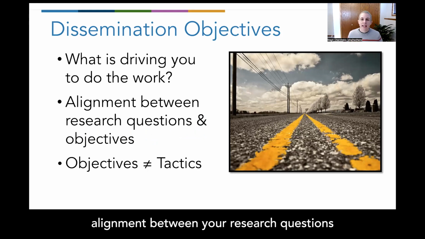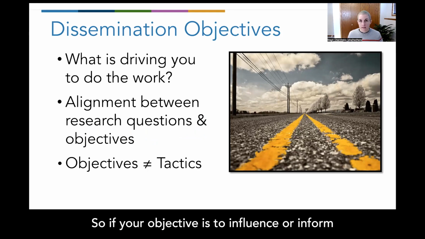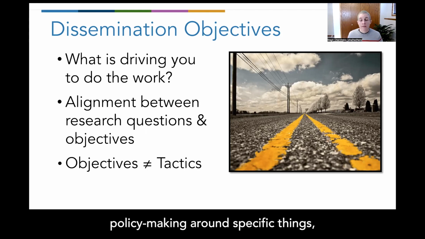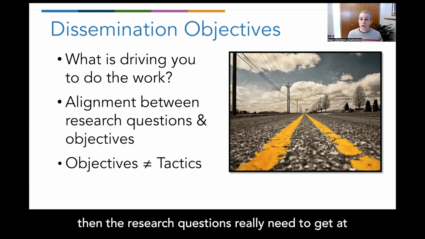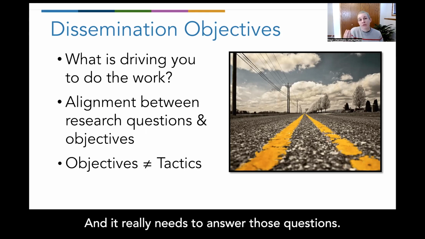There should also be alignment between your research questions and your objectives. So if your objective is to influence or inform policymaking around specific things, such as food security, then the research questions really need to get at what policies are the right policy, or is this policy working? And it really needs to answer those questions.